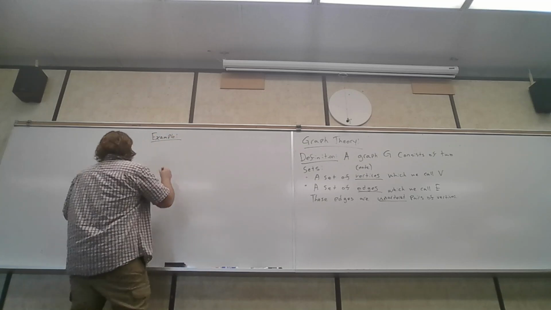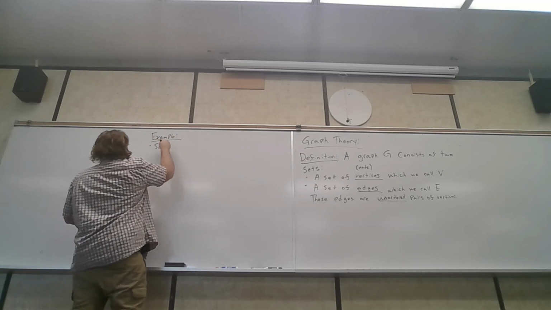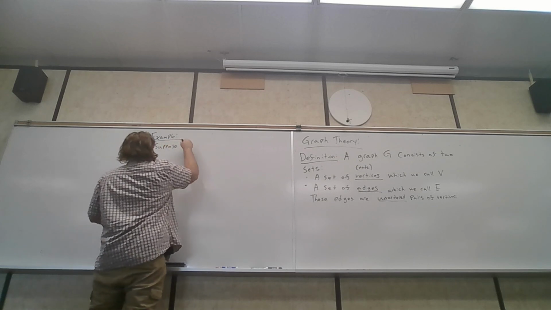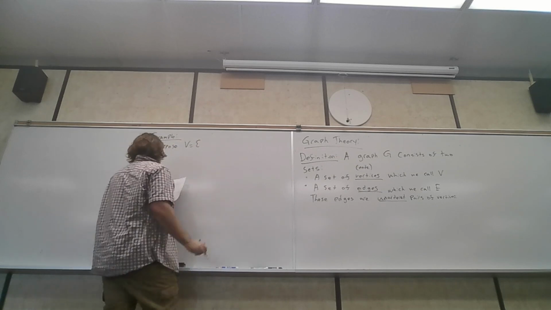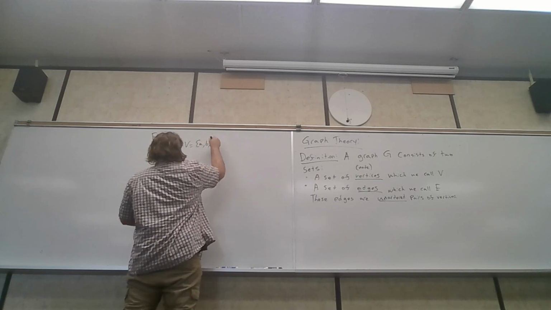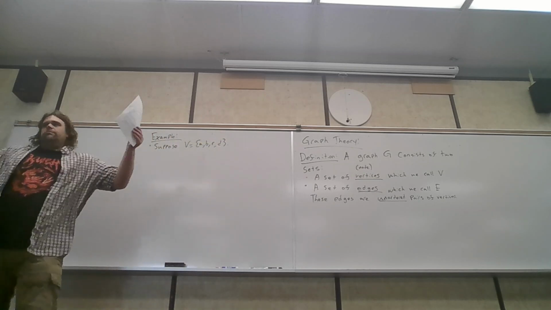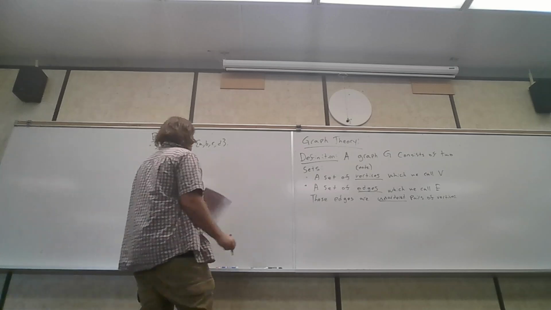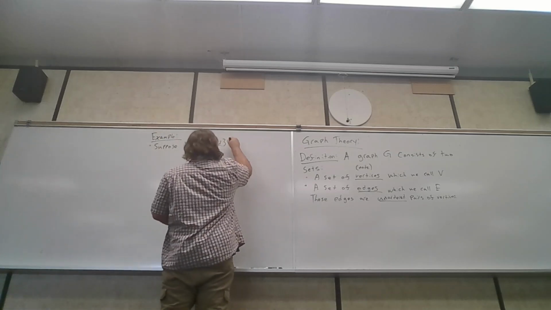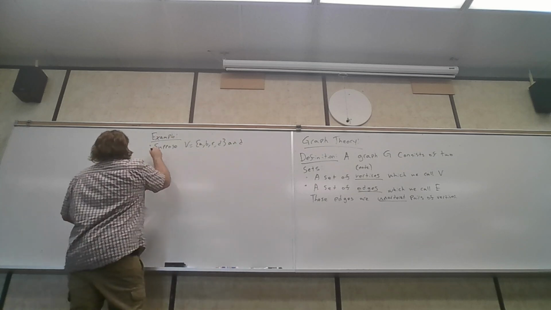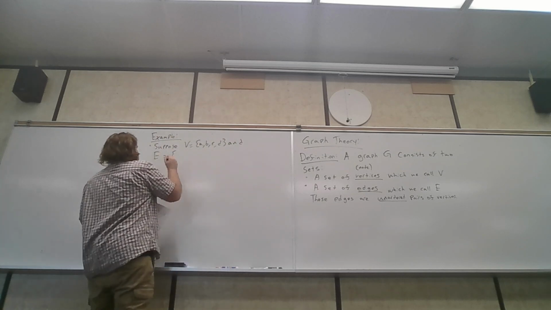So, for example, suppose V is the following vertices, A, B, C, and D. So it's just a set of labels. They're just letters. And we're going to take a set of edges. And this is what I mean. It's kind of weird, right?